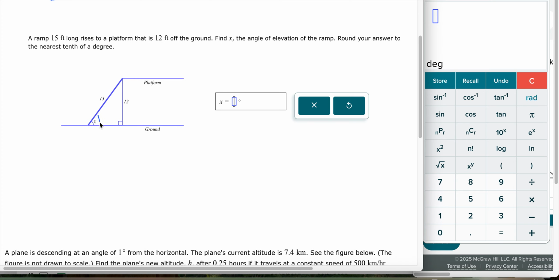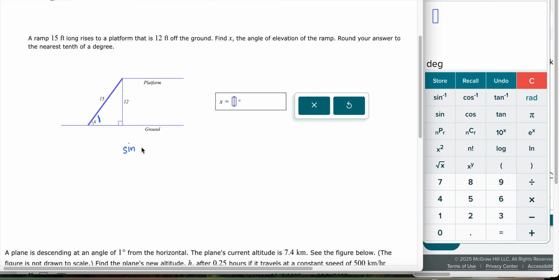Okay, so we're looking for this angle, which is an angle of elevation, again, coming off of the ground. We have a right triangle, and we know two other sides of that right triangle. We know the hypotenuse and the height. Because I know the opposite and the hypotenuse, I'm going to set up a sine ratio.